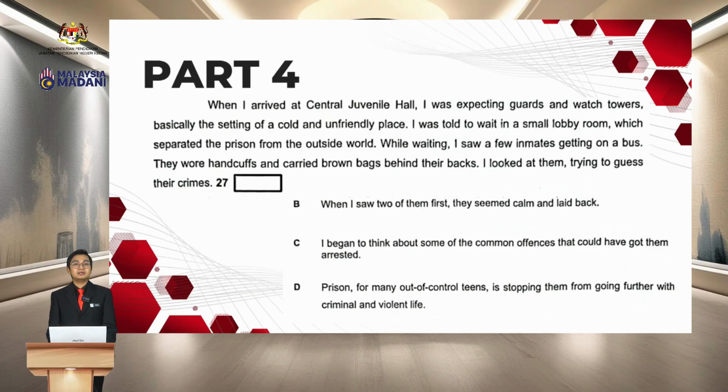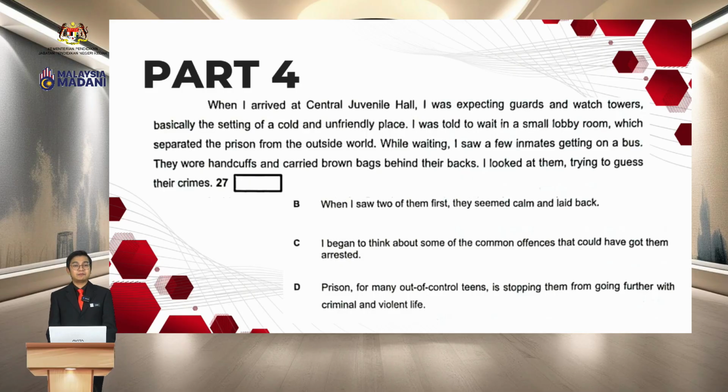When I arrived at Central Juvenile Hall, I was expecting guards and watchtowers, basically the setting of a cold and unfriendly place. I was told to wait in a small lobby room which separated the prison from the outside world. While waiting, I saw a few inmates getting on a bus. They wore handcuffs and carried brown bags behind their back. I looked at them trying to guess their crimes.